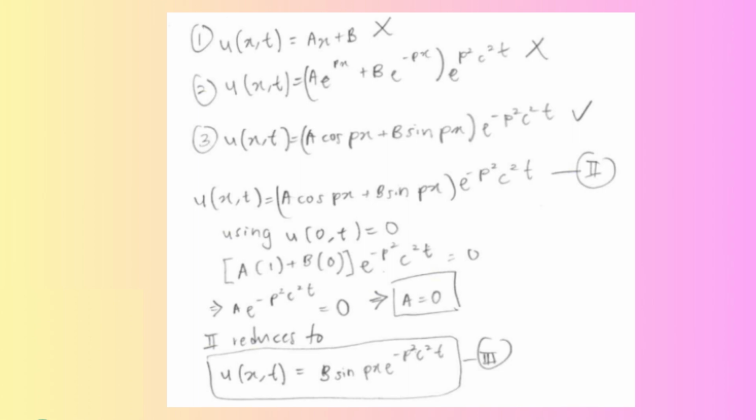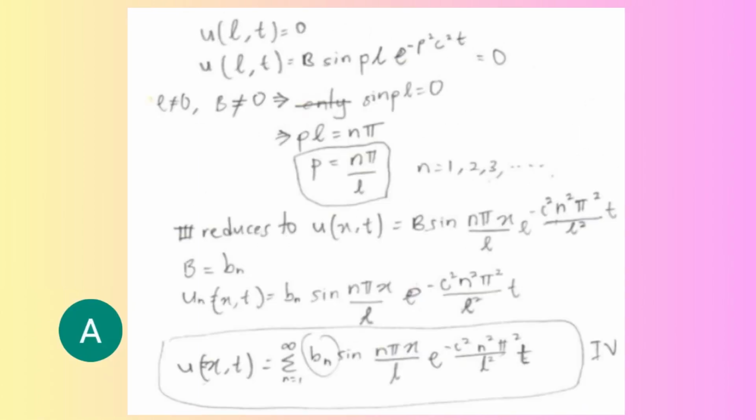So equation 2 reduces to u(x,t) equals b sin px times e to the power of negative p squared c squared t. We take the boundary condition when x equals L, the answer is 0. So b sin pL times e to the power of negative p squared c squared t equals 0. L can't be 0 and b also can't be 0, so sin pL is 0.